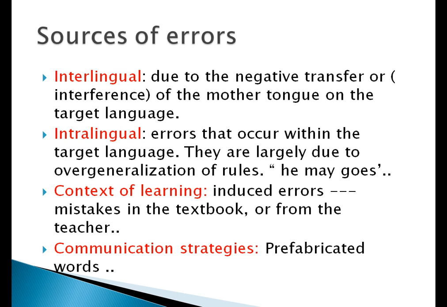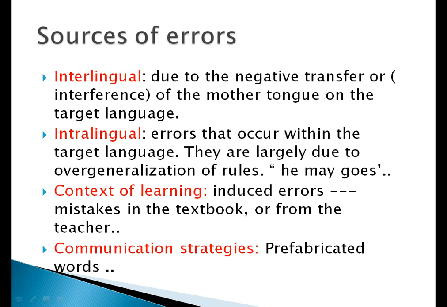They are largely due to overgeneralizations of rules. Simply put, it's not related to your mother tongue. It's a mistake that you make within the L2. It's an overgeneralization of rules.